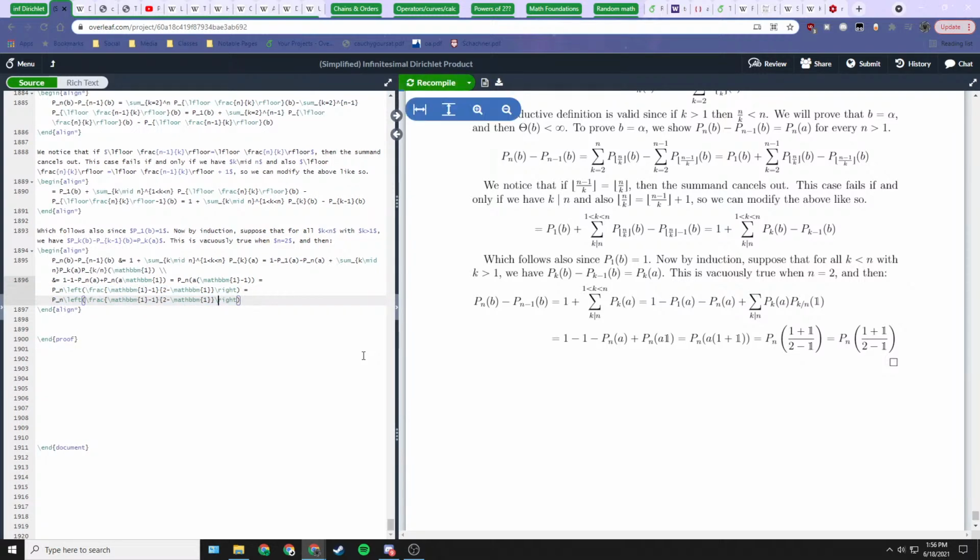So what we end up with is minus 1, and then we'll do a plus 1 up here. This bold 1 cancels out with this one, and we have 2 minus 1, right? This should end up being 1. P sub n of 1 plus a, or sorry, minus 1 plus a, or a minus 1, which is p sub n of a. And this is going really far off of the thing.